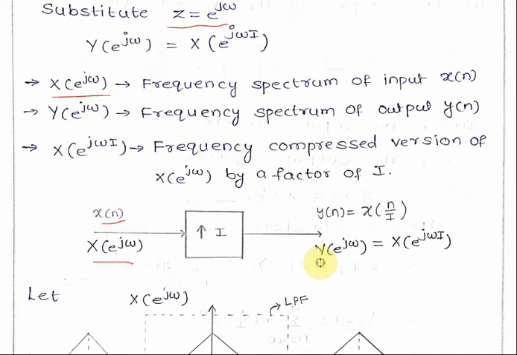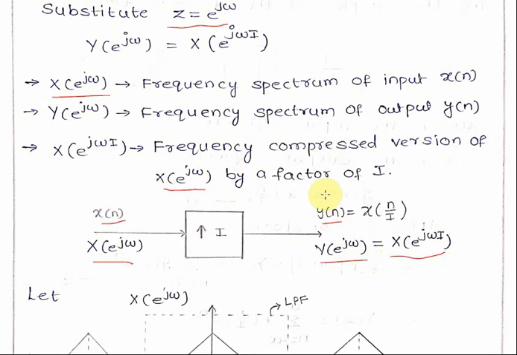Y of e power j omega is the frequency spectrum of output signal, where x of e power j omega I is the frequency compressed version of x of e power j omega.